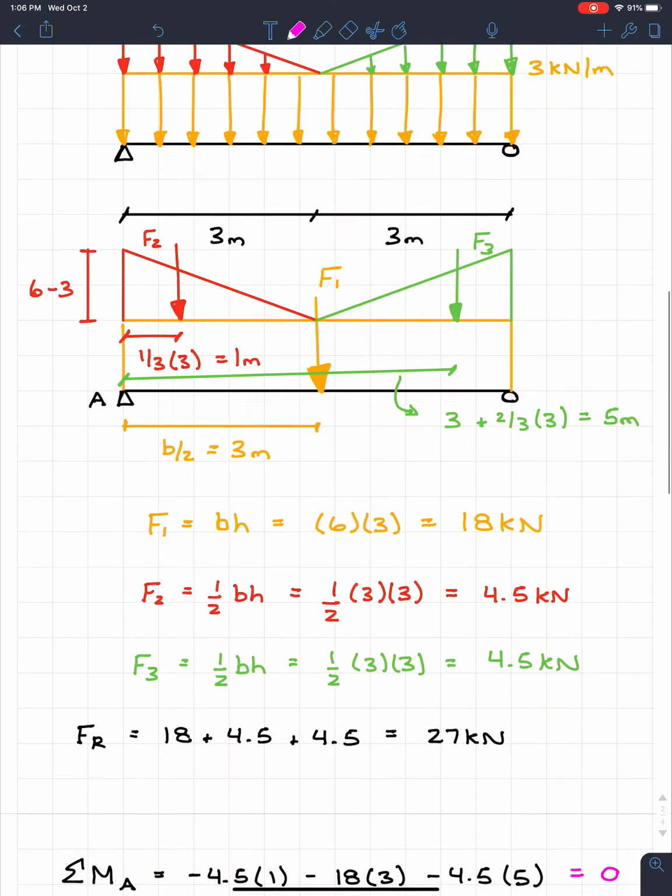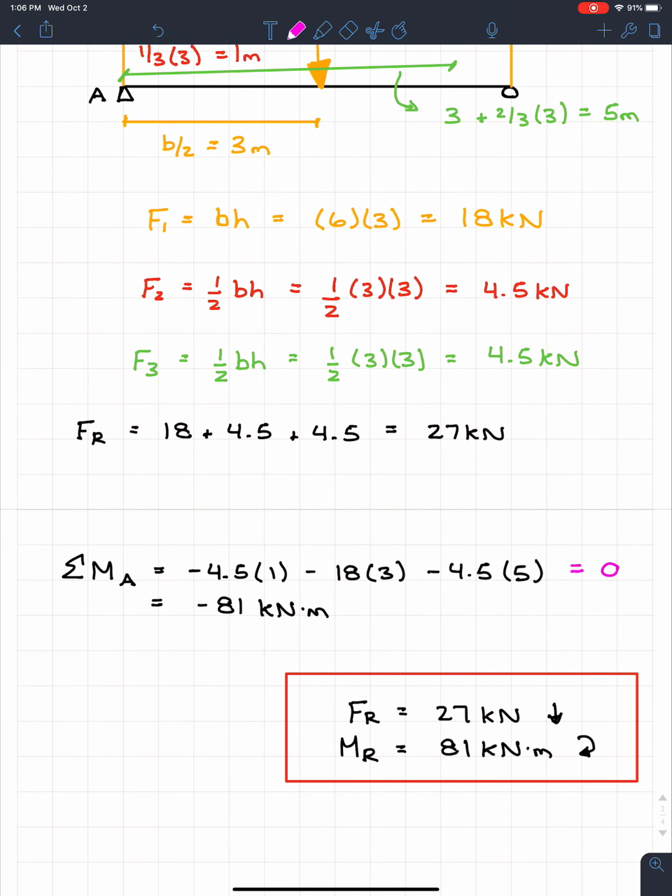So if I were to go back to this equation and sum the moments at A and include everything, it would be plus BY times the distance to BY, which in this case is 6 meters, equal to 0. So from there you can say, oh, well, I have that equation. I know it's equal to 0 and there's only one unknown. So if I really wanted to, I can solve for that reaction force BY real quick.